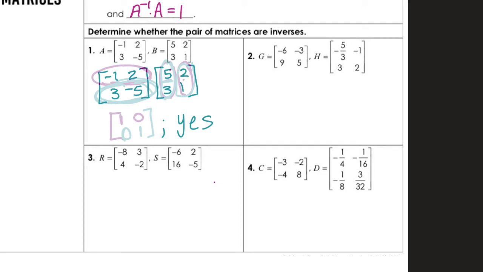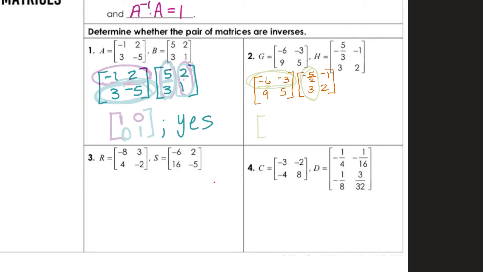Okay, so for number 2, again, you need to go through and multiply. You're looking to see if these are inverses of each other. Again, row by column. If I take that first row and multiply it to this column, that's what I'm looking for to see what I get.